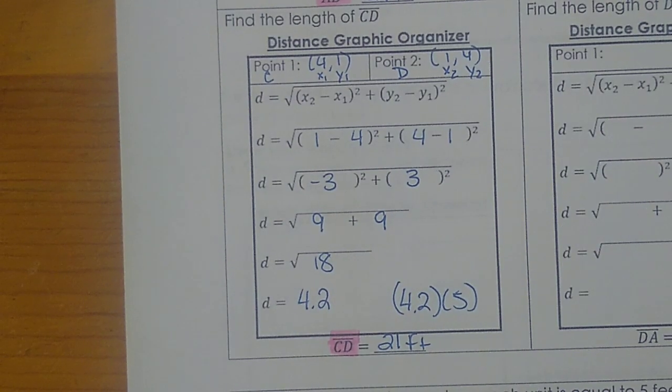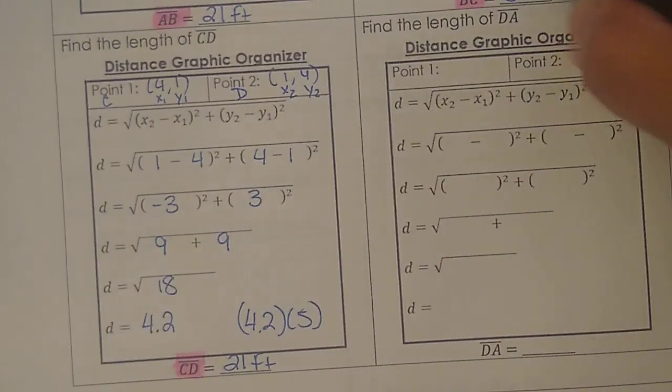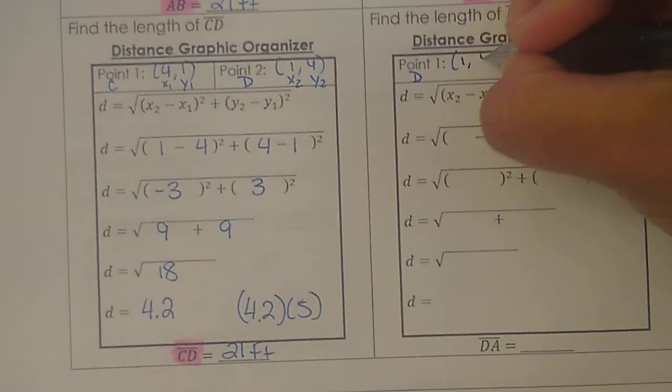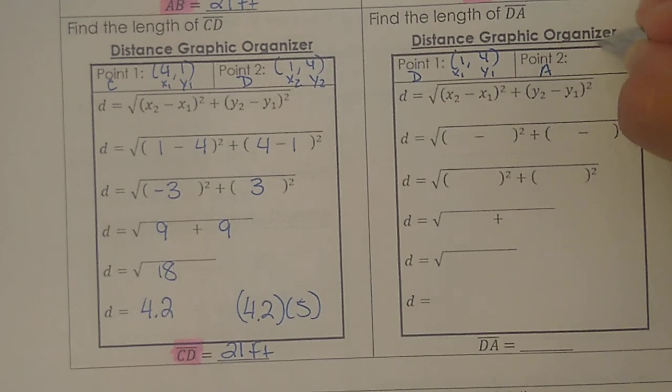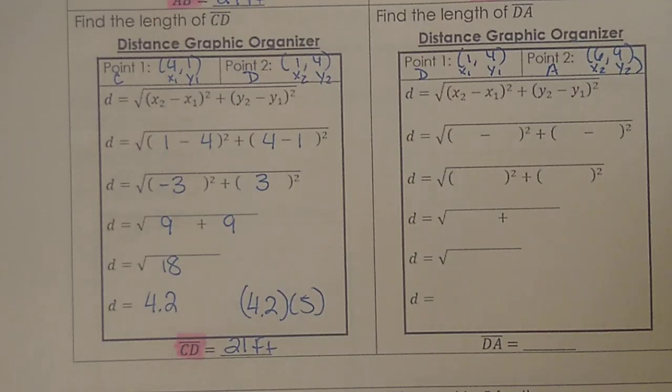And then finally, I'm going to do DA. So DA is, D is 1, 4. That's my x1, y1. A is 6, 9. That's my x2, y2. And then I'm going to go ahead and plug in.